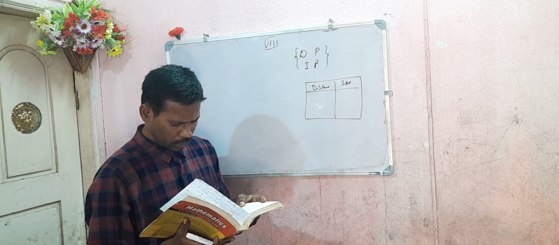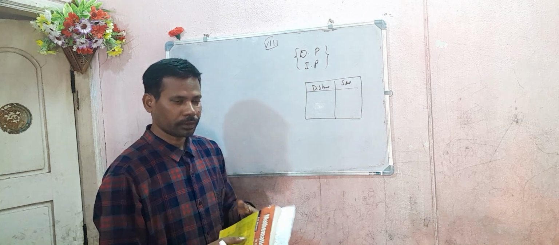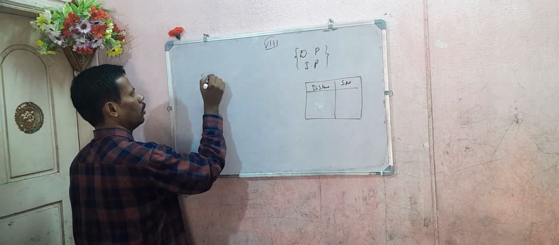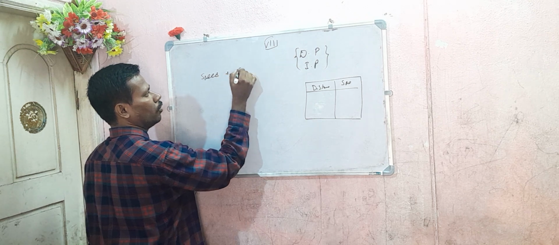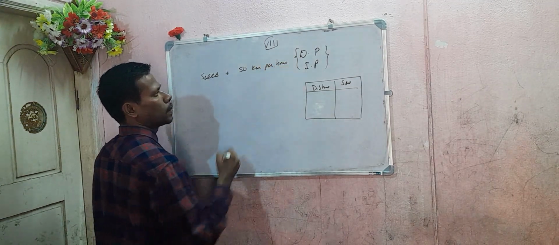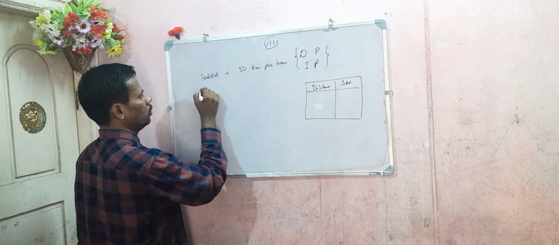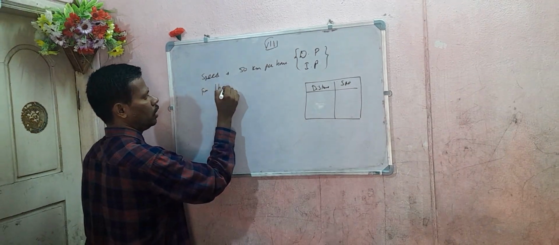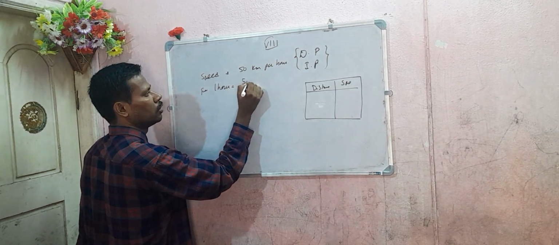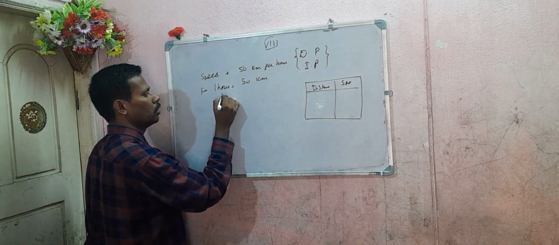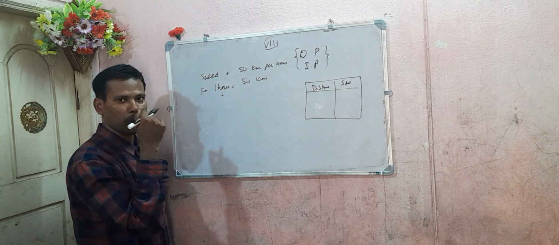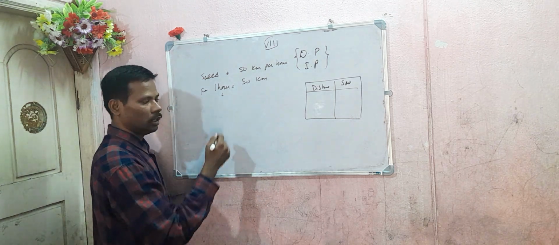A car is traveling at a speed of 50 kilometers per hour. That means for 1 hour, how much distance will you cover? For 1 hour, 50 kilometers. How many minutes are there in 1 hour? Yes, 60 minutes.